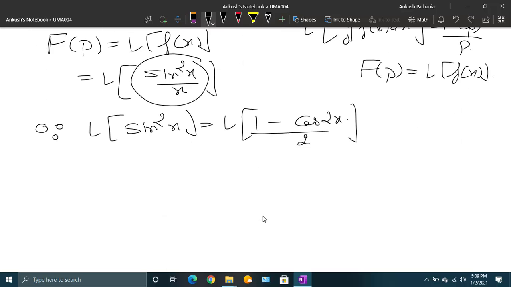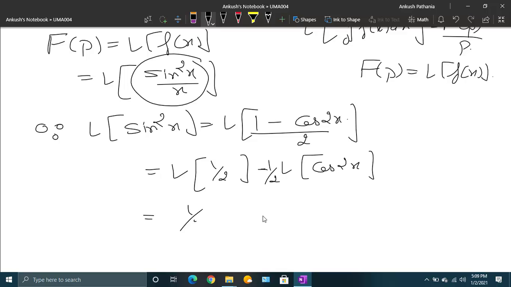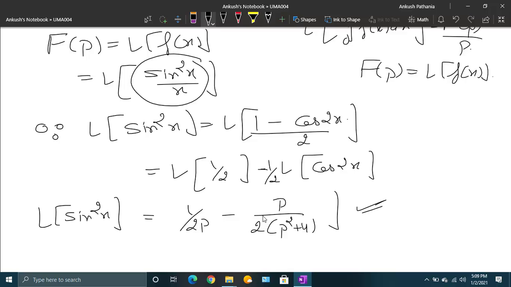That is the Laplace of 1 by 2 minus 1 by 2 Laplace of cos 2x. So this gives me 1 by 2p minus p upon 2(p square plus 4). This is your Laplace of sine square x.